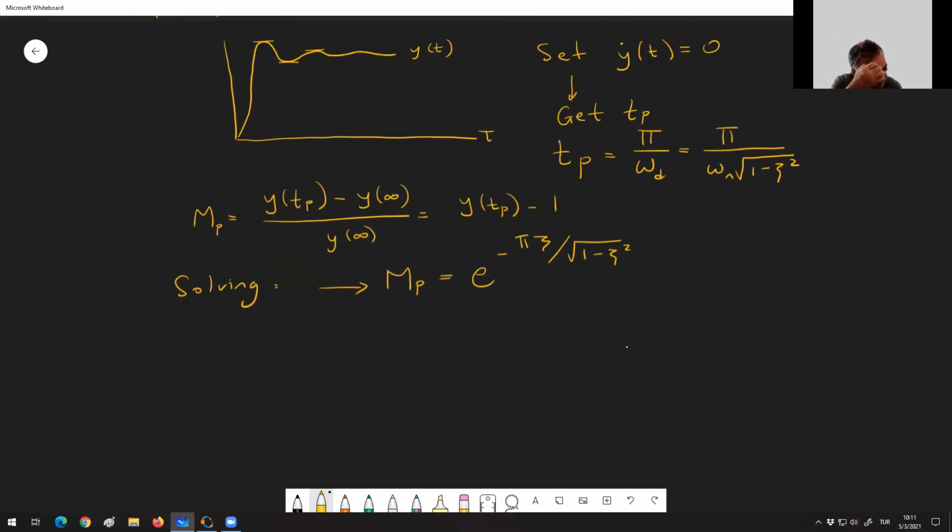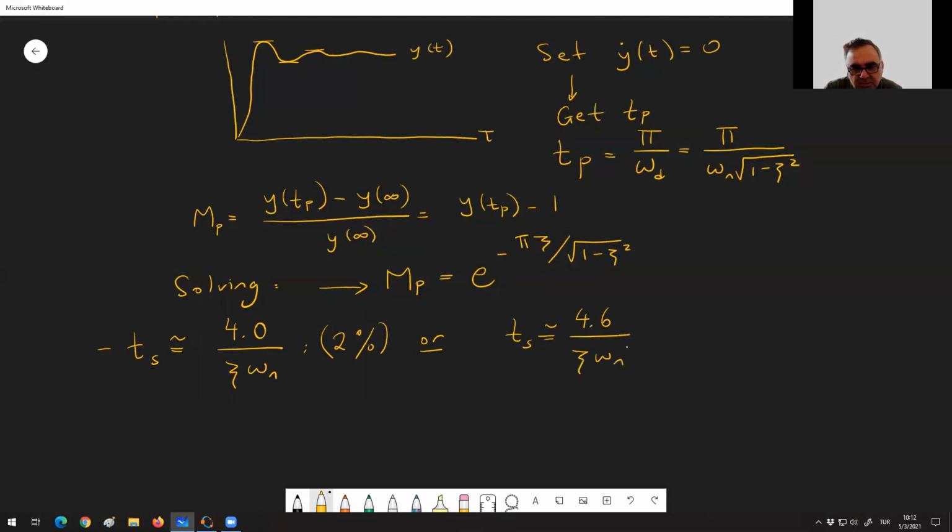Then the settling time would be something like 4.0 divided by zeta omega n. This is the 2% criterion, or Ts equals 4.6 divided by zeta omega n.